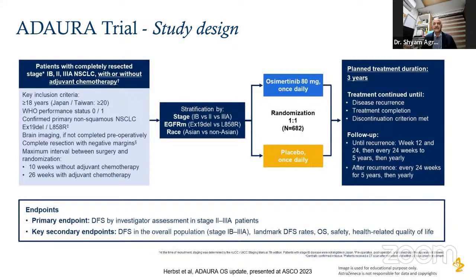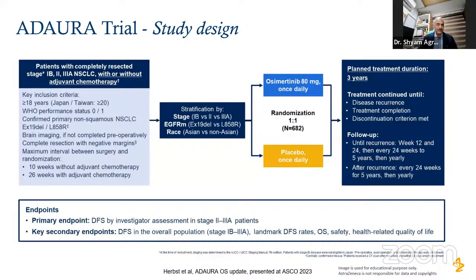In randomization, one arm received osimertinib 80 milligram once daily and the other received placebo. The planned treatment duration was around 3 years. Treatment continued until disease recurrence, treatment completion, or discontinuation criteria were met. Follow-up was also done regularly at different timelines.